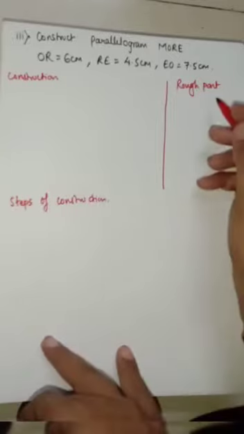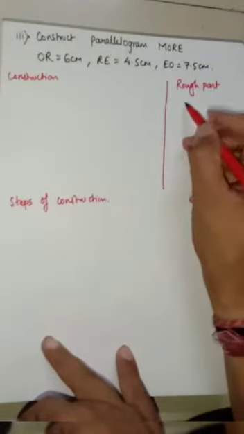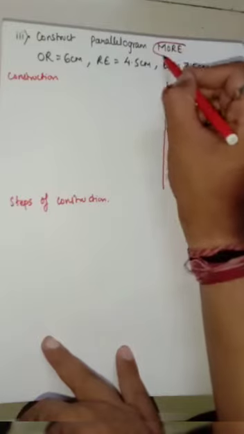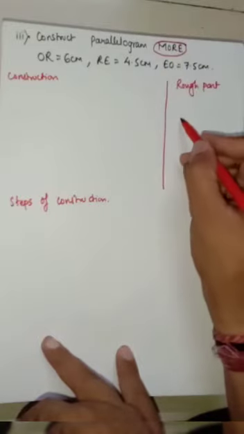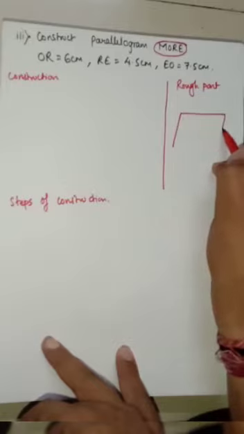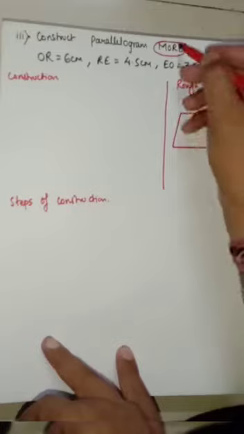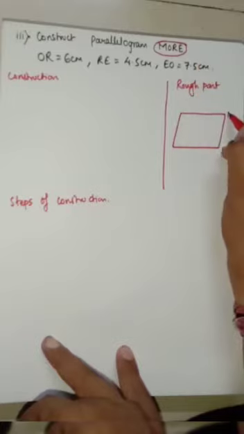Okay, so rough part here, construct a parallelogram. So a parallelogram we have to construct. The name of the parallelogram is MORE, M-O-R-E. A parallelogram is a figure that looks somewhat like this, as we already discussed in chapter number 3.